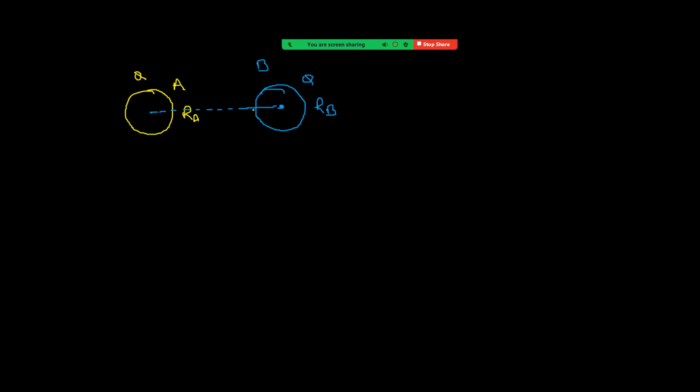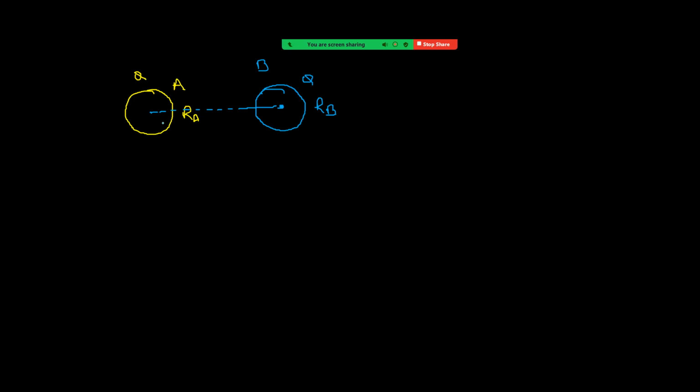So what happens is charge flows from one body to the other body until they have the same potential. Students, if you remember, when we connect two vessels containing liquid at the bottom, the liquid flows from one vessel to the other until their levels become the same. Here, potentials are the same.